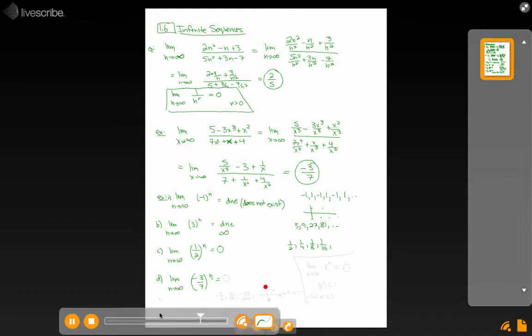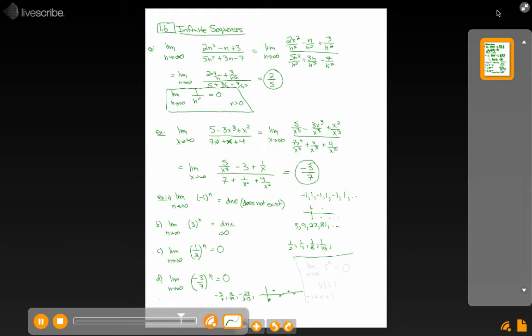And then the next one, even though the terms go negative, positive: negative 3 over 7, positive 9 over 49, negative 27 over 343. They bounce positive, negative, but they are getting closer and closer to 0 from both sides. Eventually it's so close to 0 that you'd have 0.000000 something, and so this limit does exist.